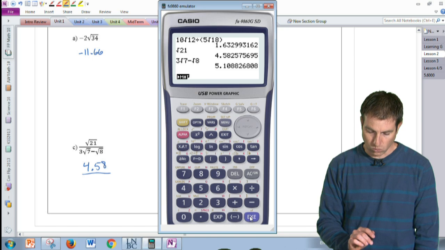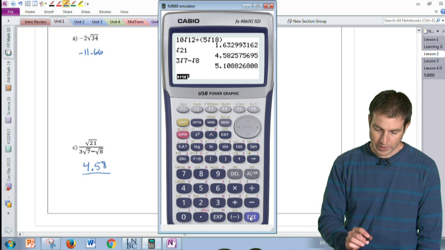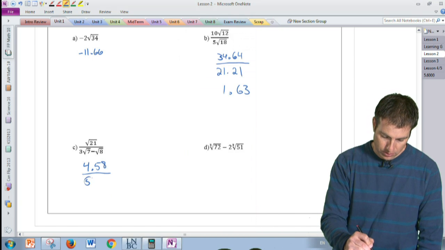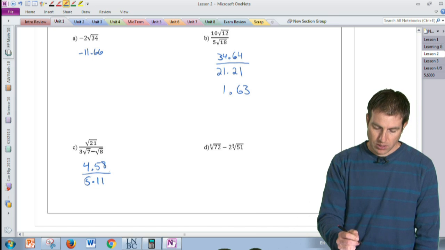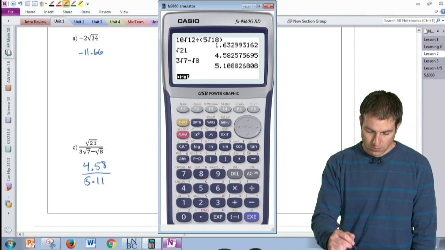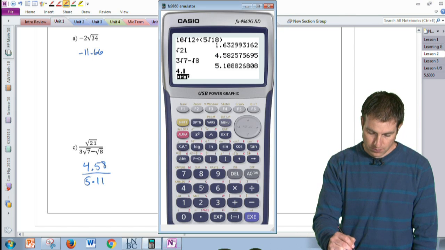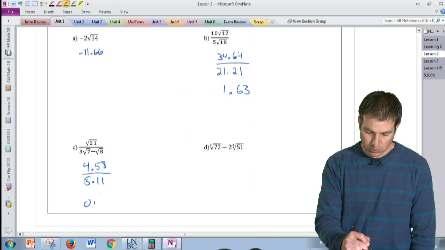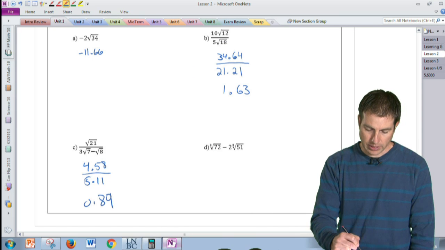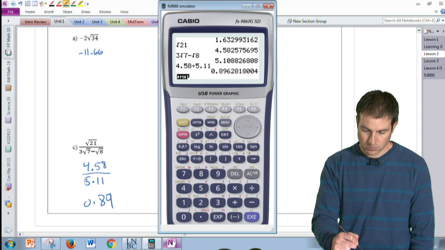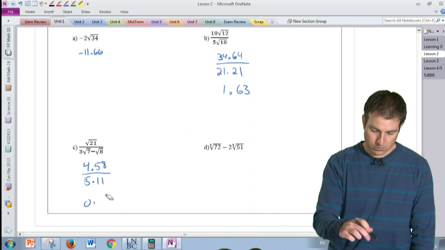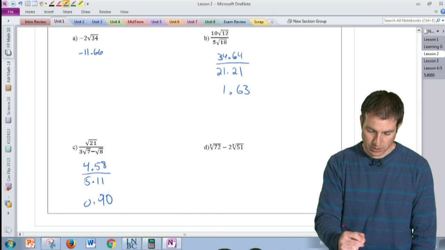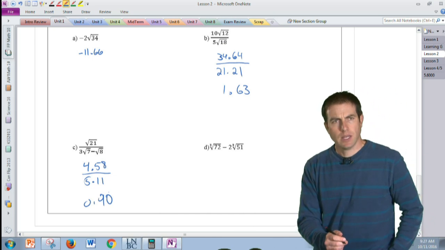So we'll go 5.11, just to round. And end up with 0.896. We'll call it 0.90 once we've rounded it.